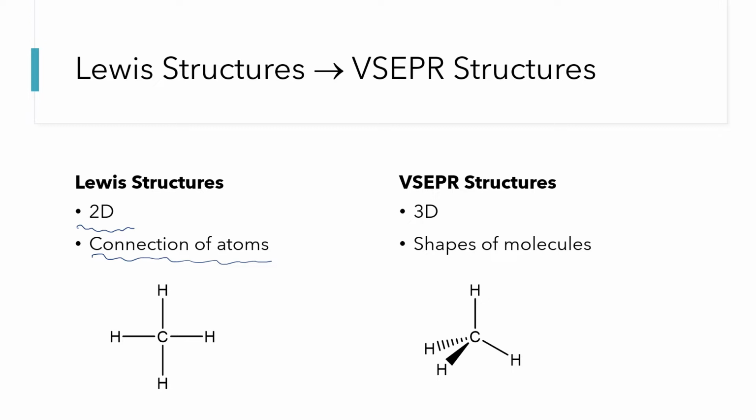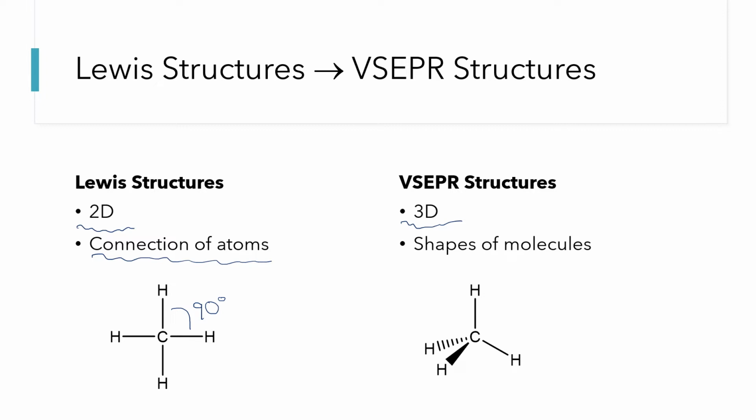But VSEPR structures give us even more information. They're going to give us information about the three-dimensional shape of a molecule. For instance, this structure that's drawn on the lower right is one way that we draw VSEPR structures. If you compare what we have on the right with what we have on the left, looking at what bond angle would be predicted, the Lewis dot structure appears to have 90-degree or right angles on all of the hydrogen-carbon-hydrogen bonds.